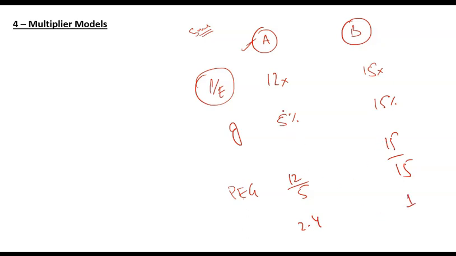This means for every 1% of growth, you have a P/E of 2.4 for A. And for every 1% of growth, you have a P/E of 1 for B, which means after accounting for growth, B looks cheaper. B has a lower P/E if I take growth into account, or if I adjust it for growth. This is what PEG tells you.